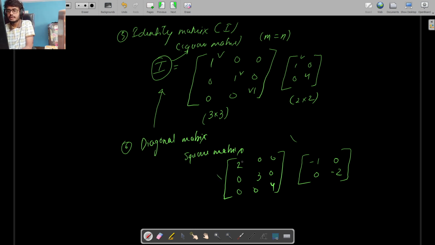For a diagonal matrix, the diagonal elements are not only 1, but can be any number greater than or less than 1, or even 1. You can have 1 here and -2, and now this is a diagonal matrix, not an identity matrix. So identity matrices have only ones in their main diagonal, while a diagonal matrix can have any other value as well. Is this clear?